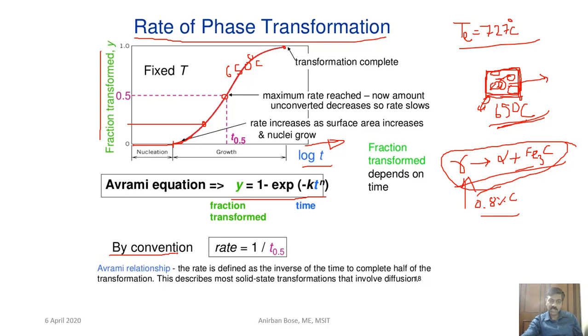By convention, the rate is considered as corresponding to 50% transformation. How much time it will take, simply the reciprocal of that is considered as the rate of transformation for this transformation from austenite to pearlite. And this particular equation is called the Avrami equation that we get from this experimental result.